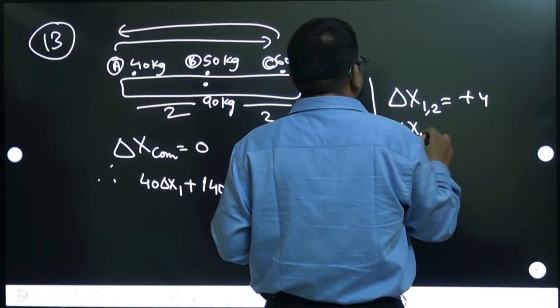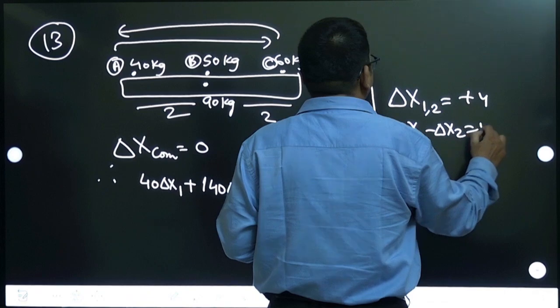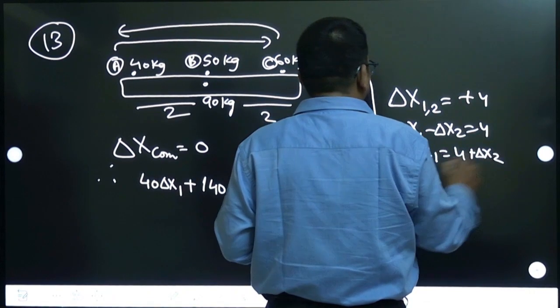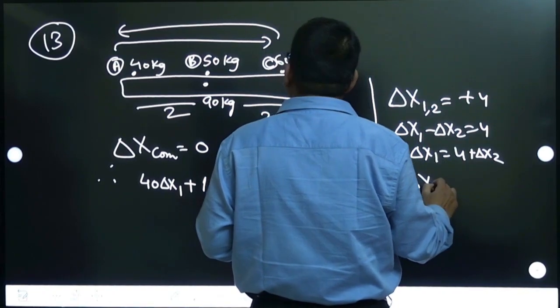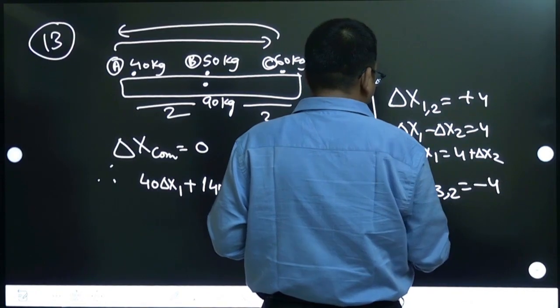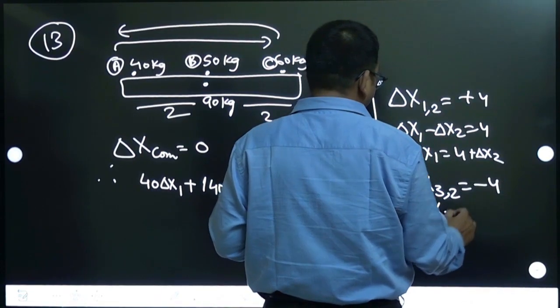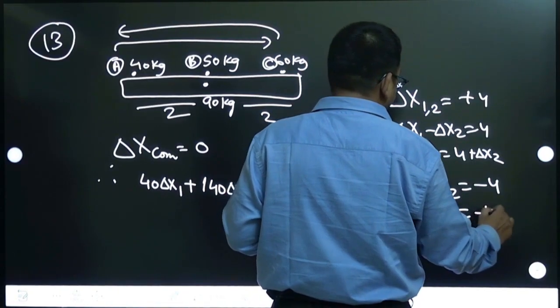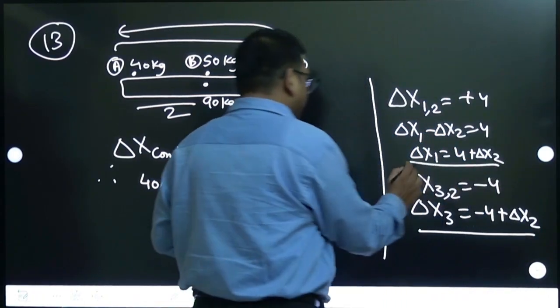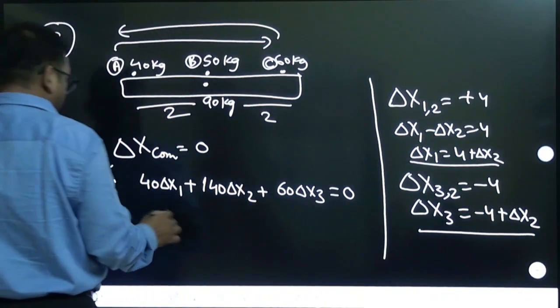So delta x1 minus delta x2 is 4. So delta x1 I can write as 4 plus delta x2. Similarly, displacement of third with respect to second is minus 4. So delta x3 is equal to minus 4 plus delta x2. So this and this we can substitute here and calculate delta x2.